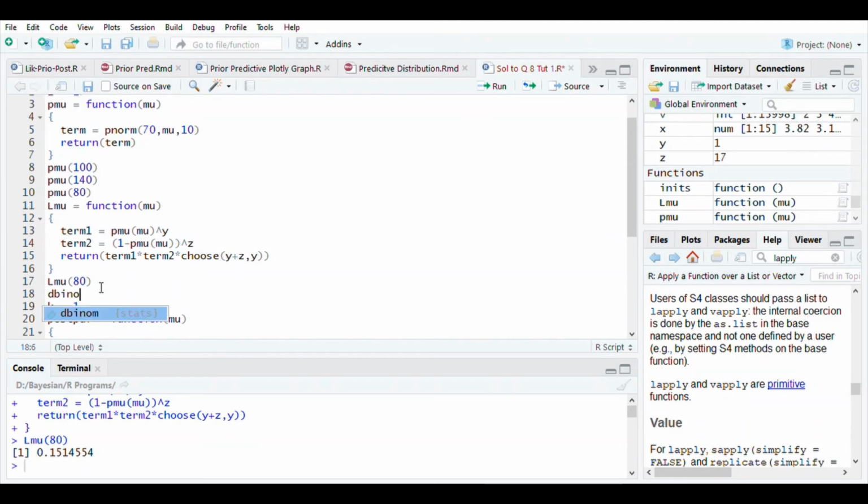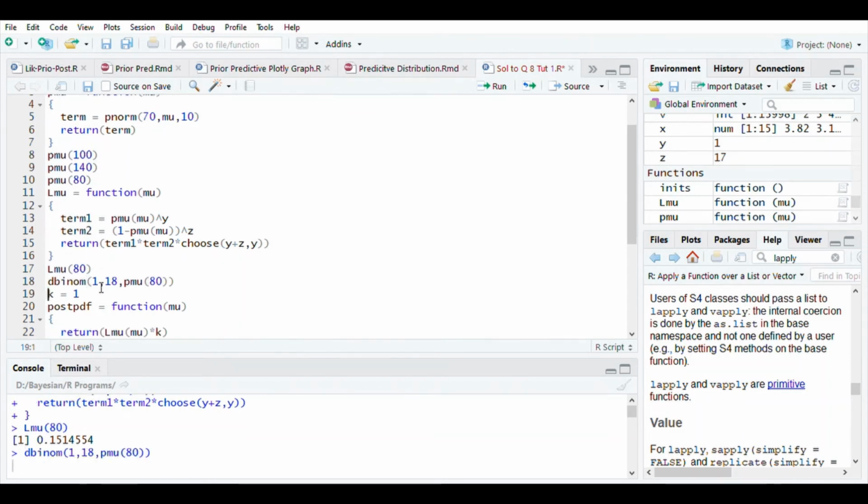So dbinom at point 1, size is 18 and probability is p(mu) at point mu. So let us take 80. Let us see what we get. See, it is exactly the same.